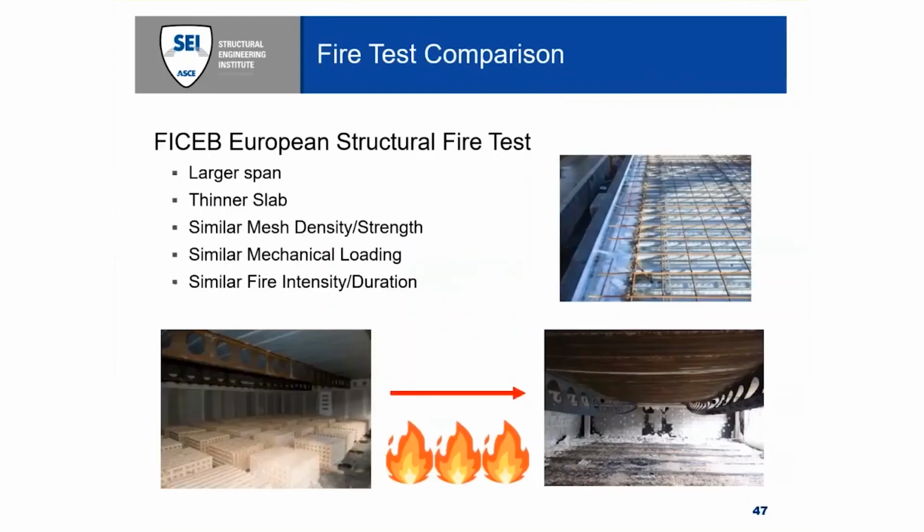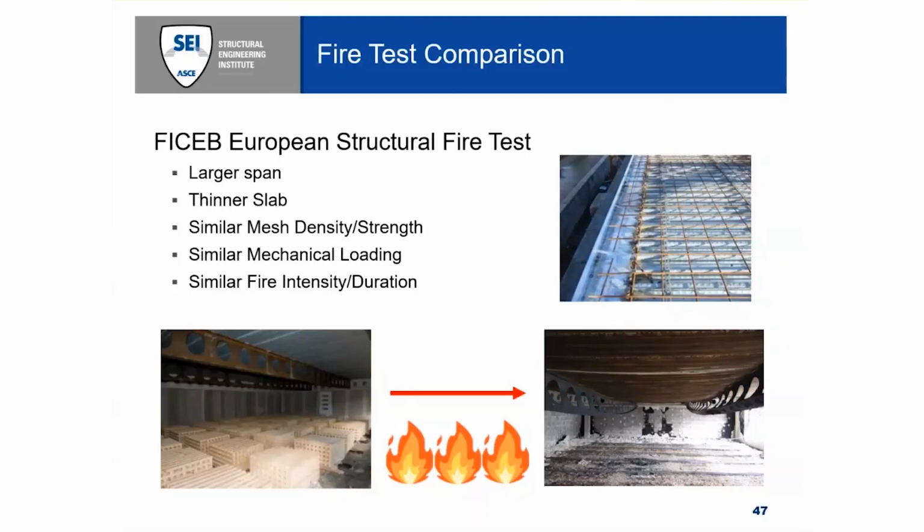To provide some validation and confidence in our calculations and simulations, there is a fire test that was conducted in Europe that has pretty similar conditions. They have a larger span and a thinner slab, but very similar mesh density and strength that we designed, and also similar fire intensity.